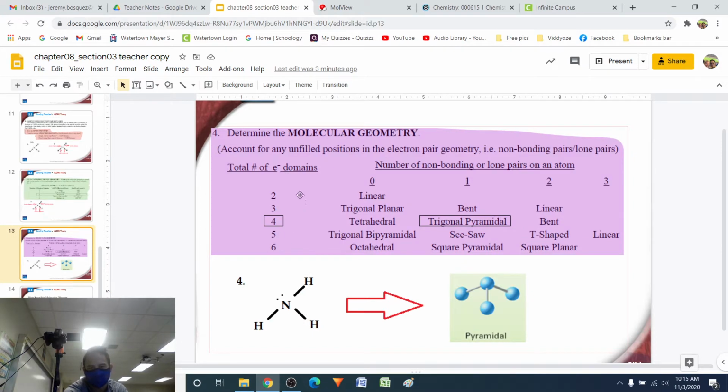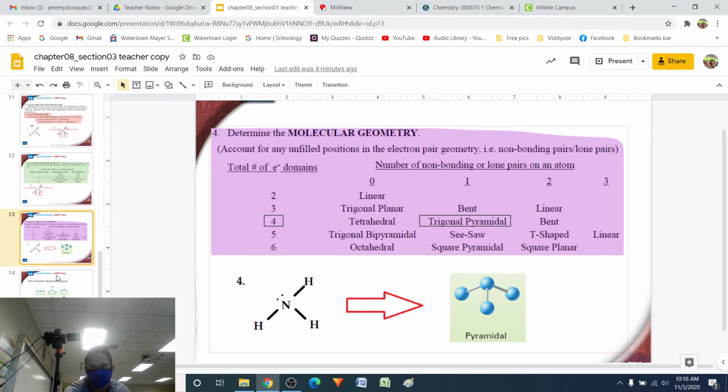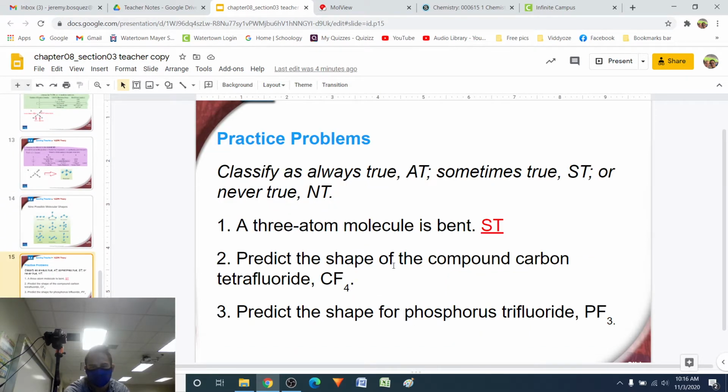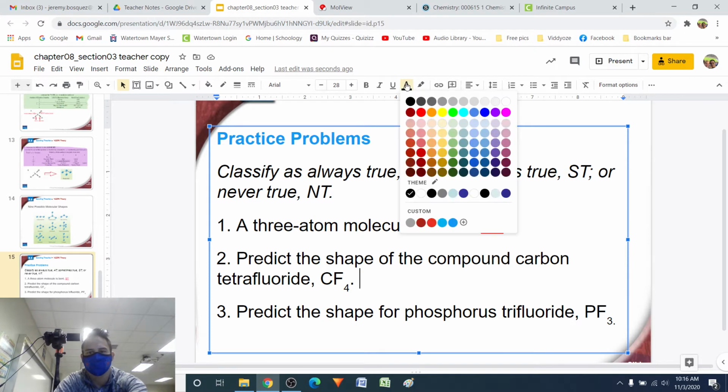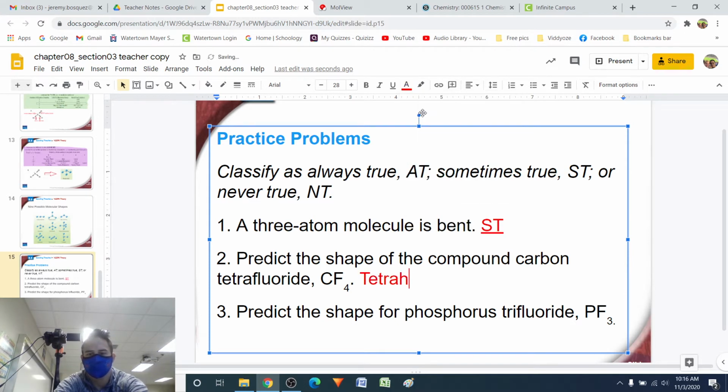Total electron domains we had was 4, and we have 0 lone pairs on the carbon. Therefore, the shape we're going to get is tetrahedral. So this question, it says predict the shape of the compound carbon tetrafluoride. The proper shape should be a tetrahedral shape. So this will be tetrahedral.